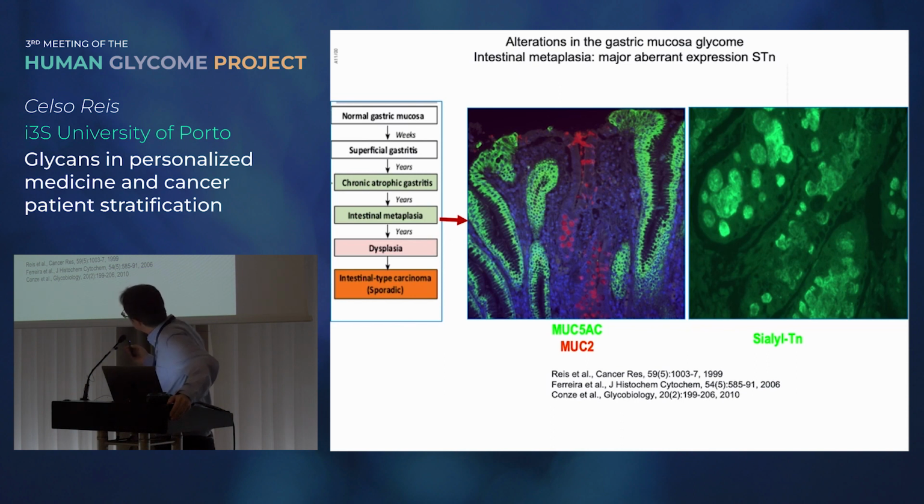So basically, they switch the expression of the key mucins expressed in the gastric mucosa, in the green labeling, and express an intestinal mucin, MUC2 in this case. And together with this, a lot of glycosylation changes appear, with this truncated O-glycan, highly abundant in these mucins.